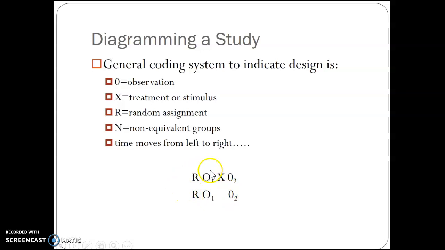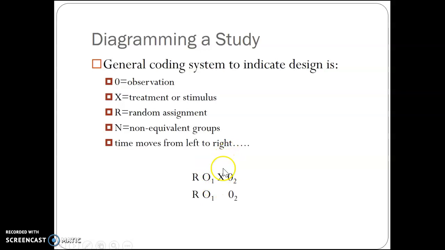You have multiple groups being compared; you have two rows, and those rows correspond to groups. You have multiple waves of observations. Time moves from left to right, so you have time point one, time point two. Two waves of observations here, and then you have the x, which is the treatment or stimulus.